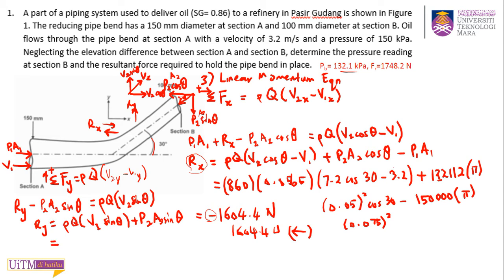Just put rho 860 times Q 0.0565 times V2 sin theta is 7.2 sin 30 plus P2. So you already calculate the P2, 132112, times A2, pi times 0.05 squared, sin 30. Berapa dapat kat sini jawapan dia?